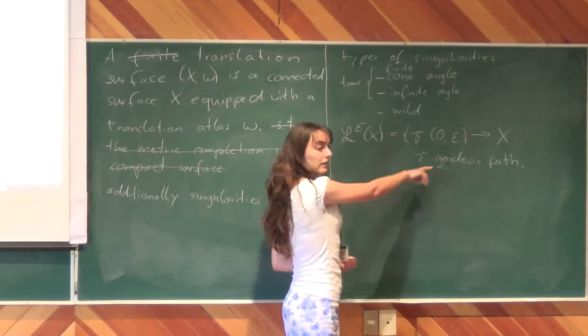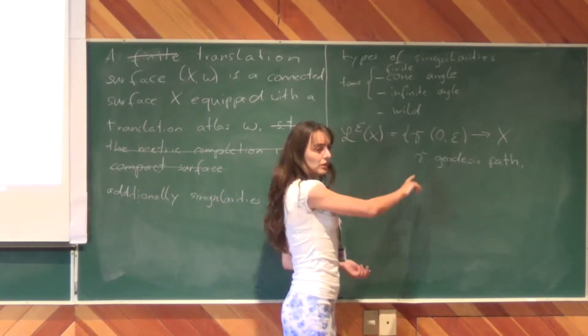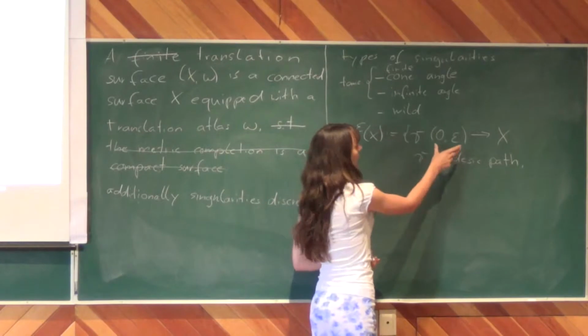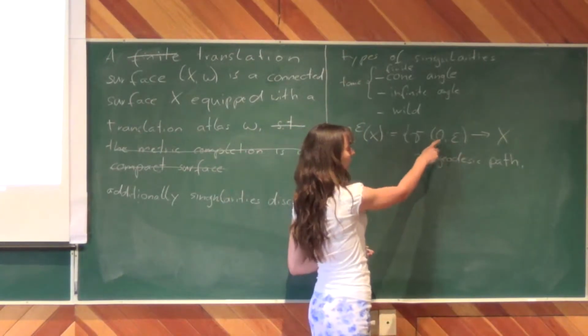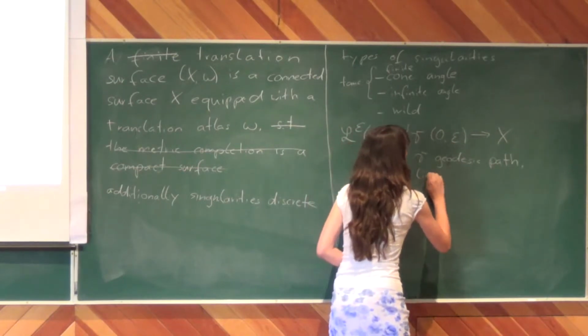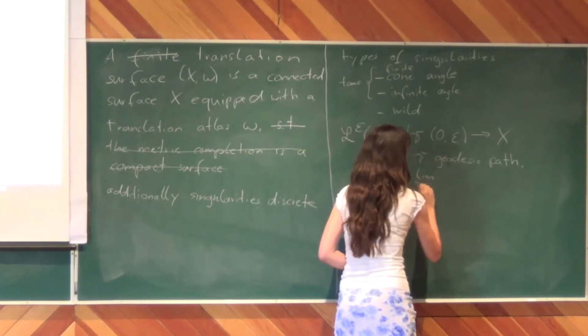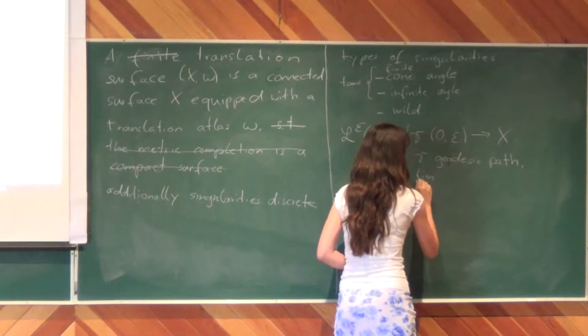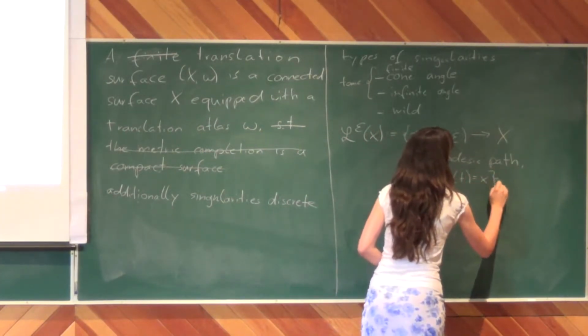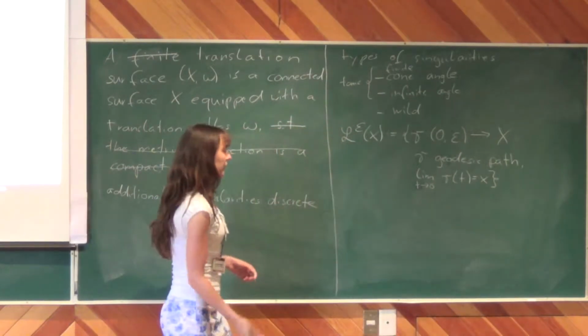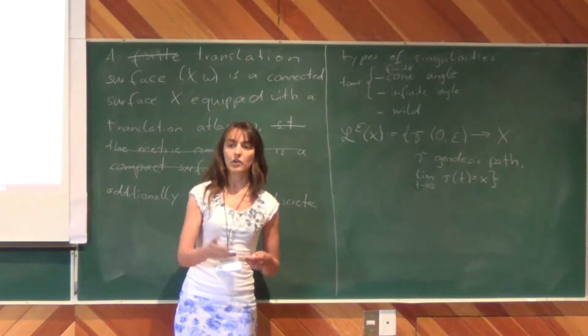So we have it is isometric in particular. So we have such a geodesic of length epsilon. It's open, and at this point 0, we want that it starts at x. Okay, so we have something like the directions we can get out of a singularity.